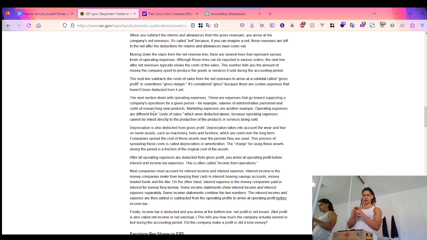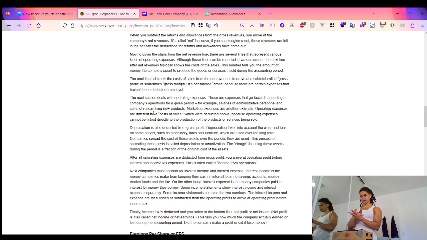Okay, so you have now operating expense, expense that goes towards supporting the company's operations for a given period. And for example, you have salaries of administrative personnel, cost of researching new products, marketing expenses.